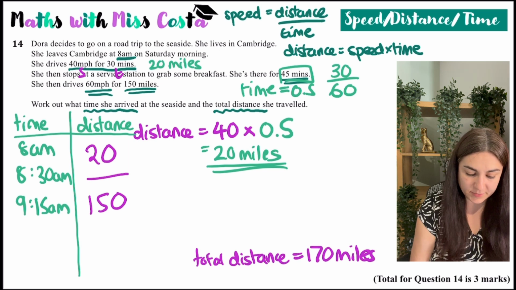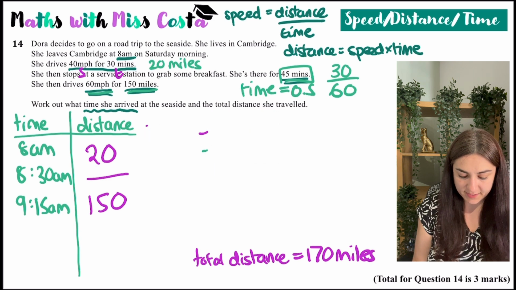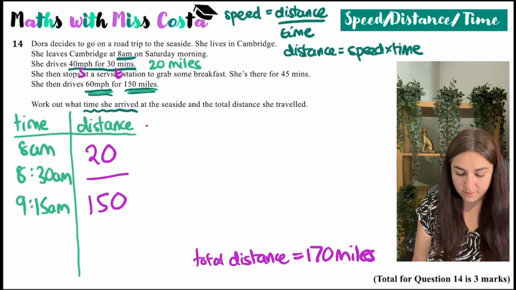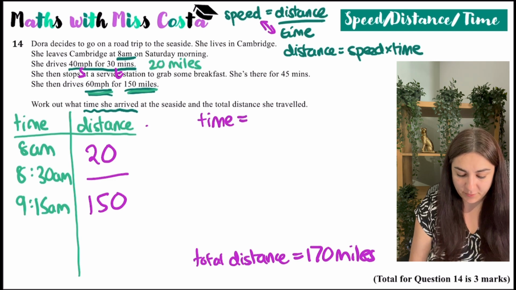And then I just need to work out the total time, which I can work out by using this. So how do I work out time? Let's just get rid of some of this. Time, if I rearrange the formula, switch these two around, time is distance divided by speed.